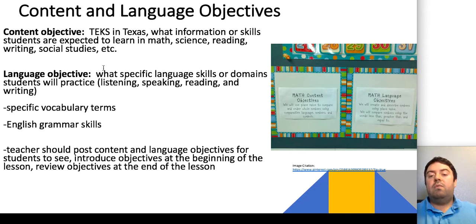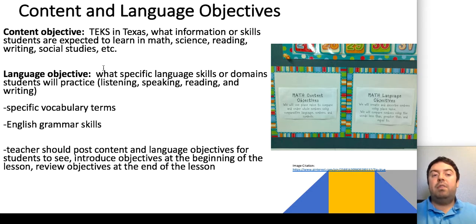So, regardless of what content area you teach, you should also be teaching students language skills and have students explicitly practice with language skills. And this is especially beneficial for English language learners who are still developing their English phrasing, their academic vocabulary, and their knowledge of proper grammar. So teaching explicit skills will be beneficial.